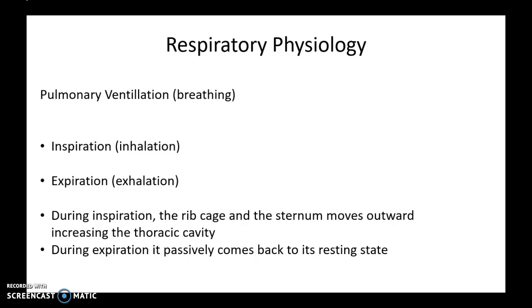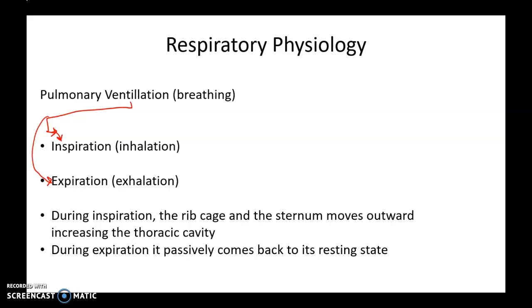Now, this process of pulmonary ventilation can be divided into two components. We have inspiration, which means breathing in, and then we have expiration, that means breathing out. Another term for inspiration is inhalation. Another term for expiration is exhalation.